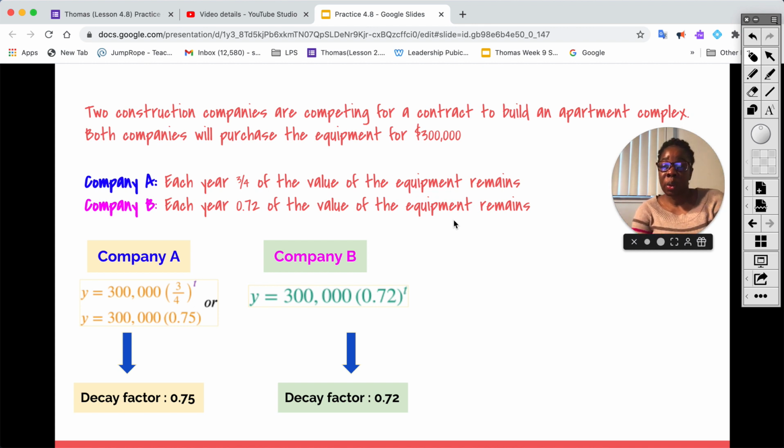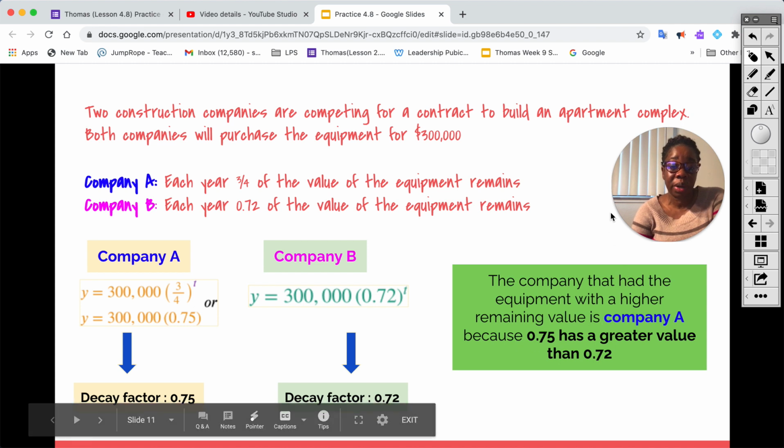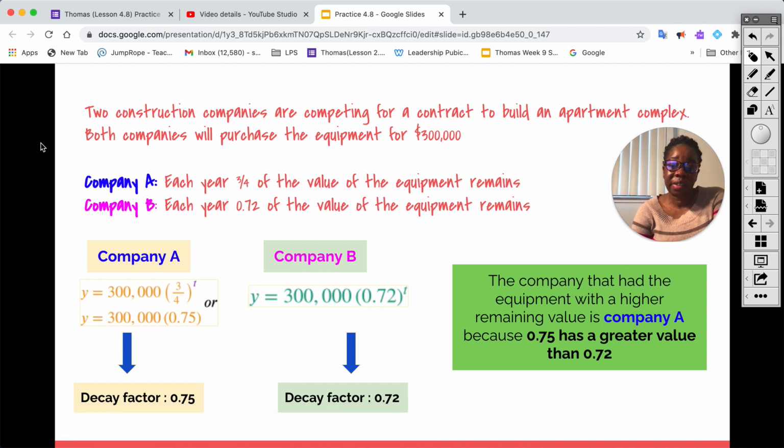And so when we look at both of those numbers, 0.75 and 0.72, it is clear that Company A is going to be the one with the higher remaining value, because 0.75 is greater than 0.72. So we would say the company whose equipment had the higher remaining value is Company A, because 0.75 has a greater value than 0.72.